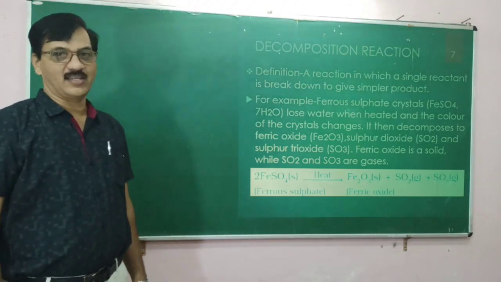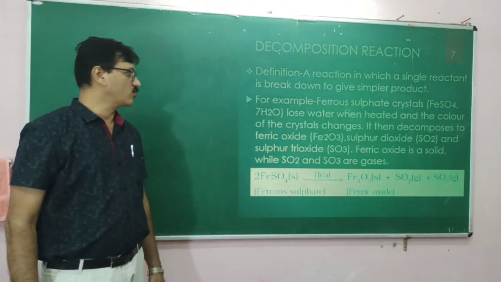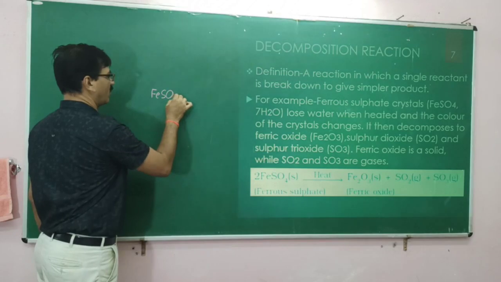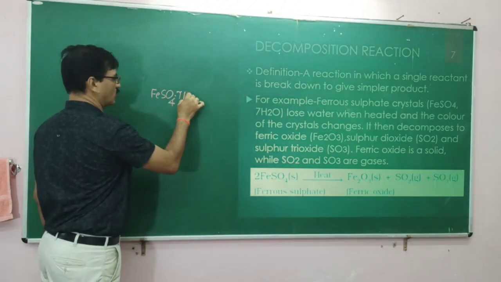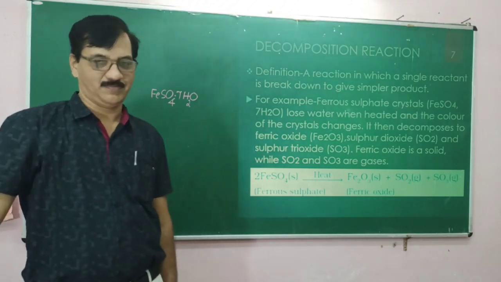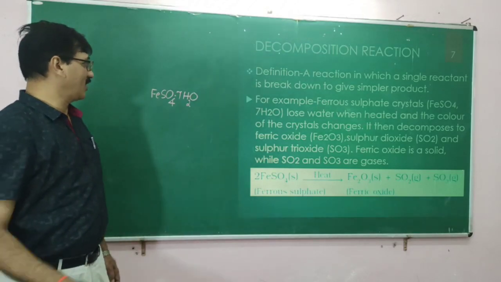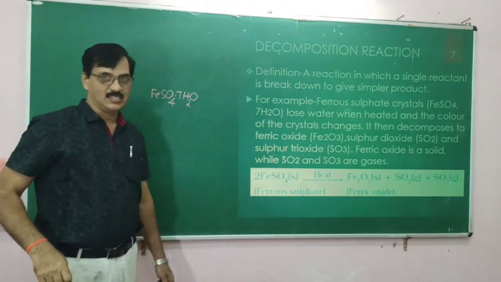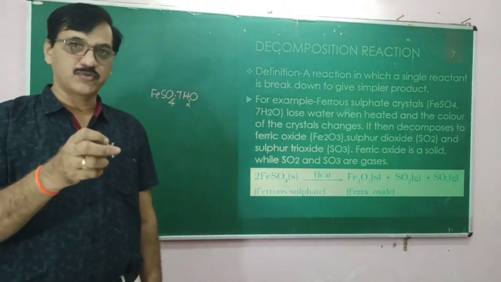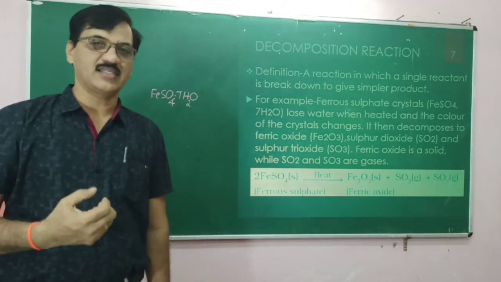And ferrous sulfate exists in the form of FeSO4.7H2O. This is the formula of the ferrous sulfate which is obtained from the industry. Why is it 7H2O? What is the meaning of this? This dot 7H2O indicates the absorption of water molecules for the formation of the crystal.